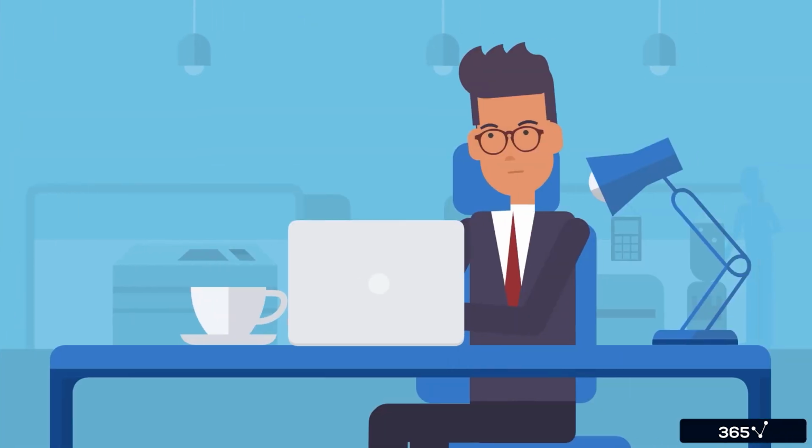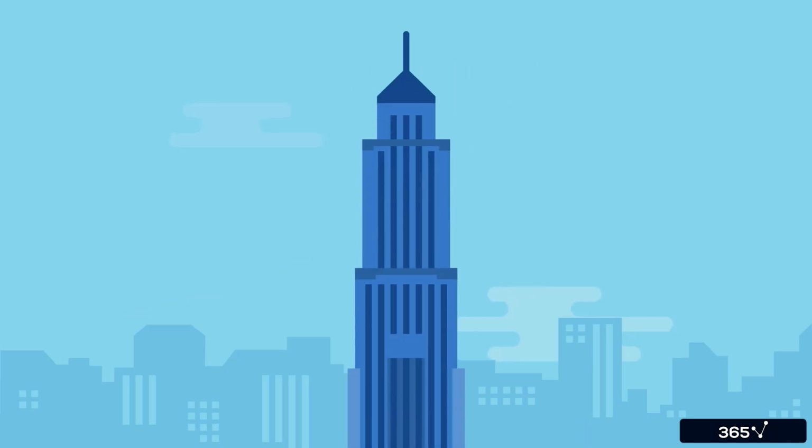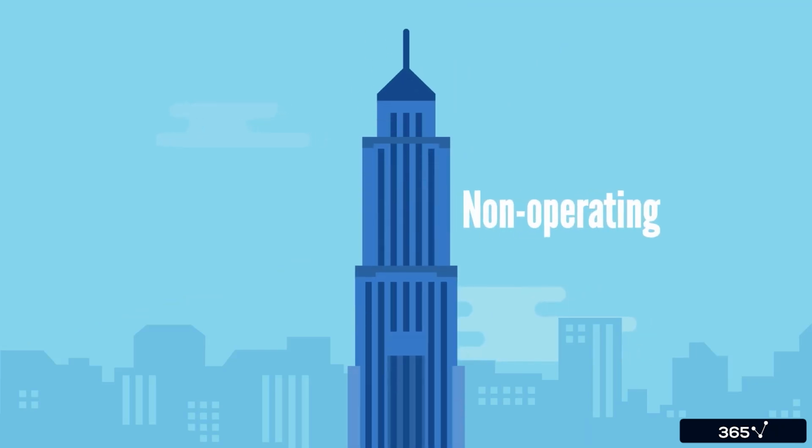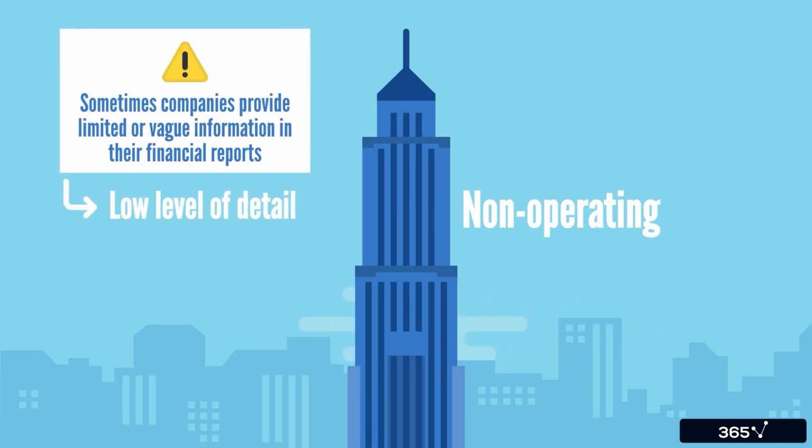For example, if an analyst performing a valuation makes the decision to remove rental income from EBITDA, then they have to subtract the non-operating real estate generating the rental income. Sometimes, even if we have the necessary time, we are not going to be able to work with this level of detail because companies provide limited or vague information in their financial reports.